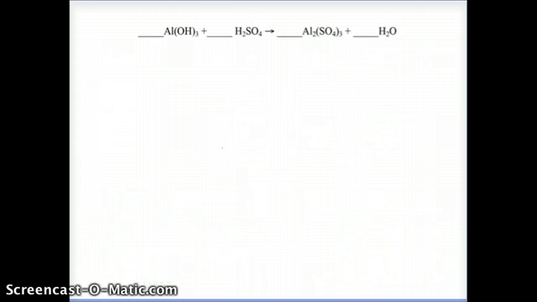Okay, so first example, we have Al(OH)3, H2SO4, Al2(SO4)3, H2O. Okay, so let's keep this simple. First and foremost, you have to recognize what you need to balance. So if I follow MINOH, then I have to be dealing with my metals. Well, aluminum's my metal. I have no other metals. So ions, do I have something that's the same on both sides?